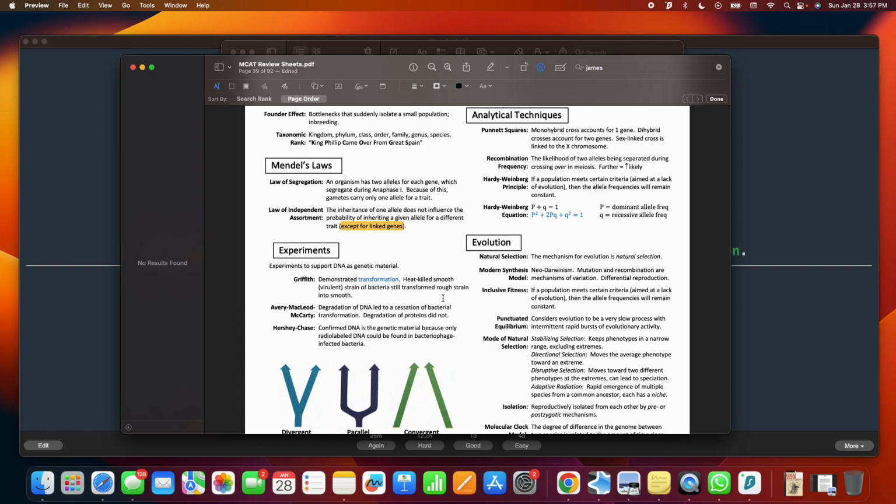The rough strain was safe, and the smooth one was virulent. The heat-killed strain by itself did not make the bacteria deadly, but still, through transformation, the DNA from the environment was transformed into the other bacteria that was safe, the rough strain, and it transformed it into smooth.